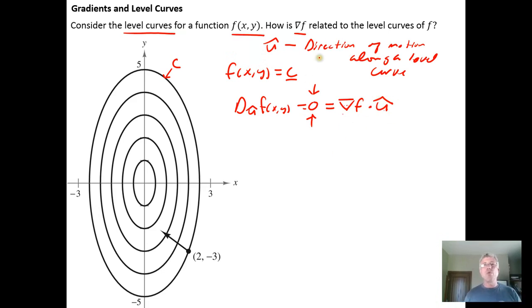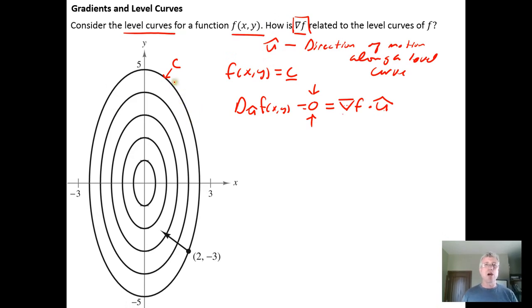So now I can figure out how the gradient of f is related to a level curve, because as you move along any curve, your direction of motion is always tangent to the curve. As I move along this level curve here, my direction of motion is tangent in this direction or tangent to the curve in this direction, depending on which way I'm walking.